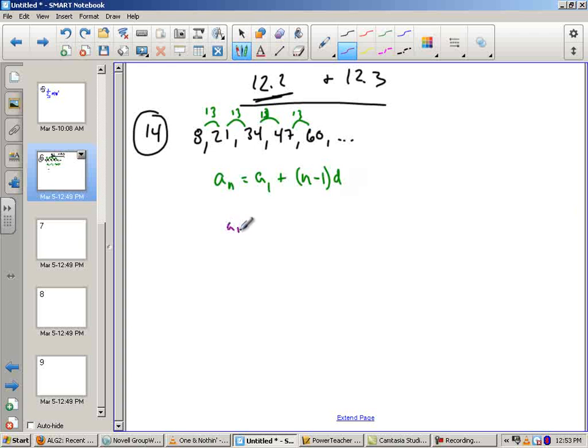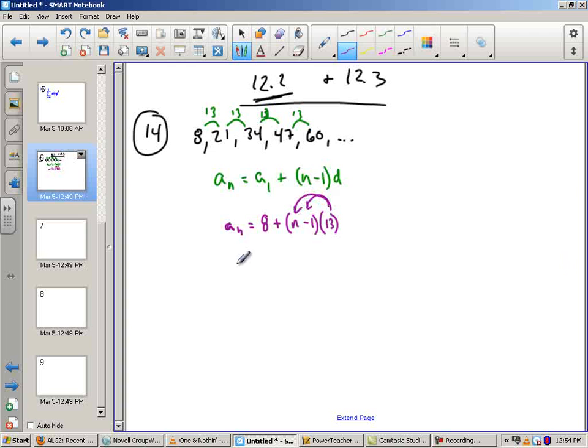So a_n, the nth term, is equal to a_1, which is 8, plus, again leaving it as n minus 1, times d, and d being the difference is 13.